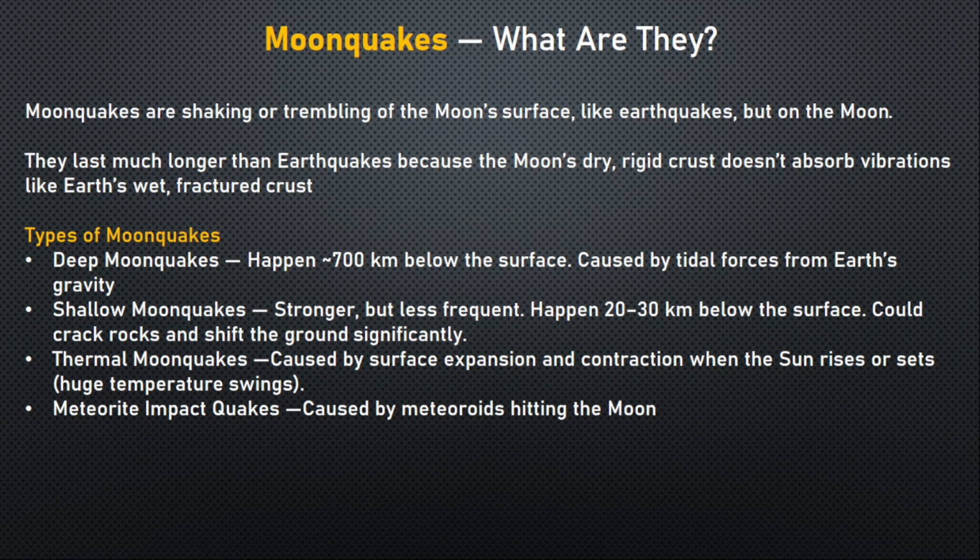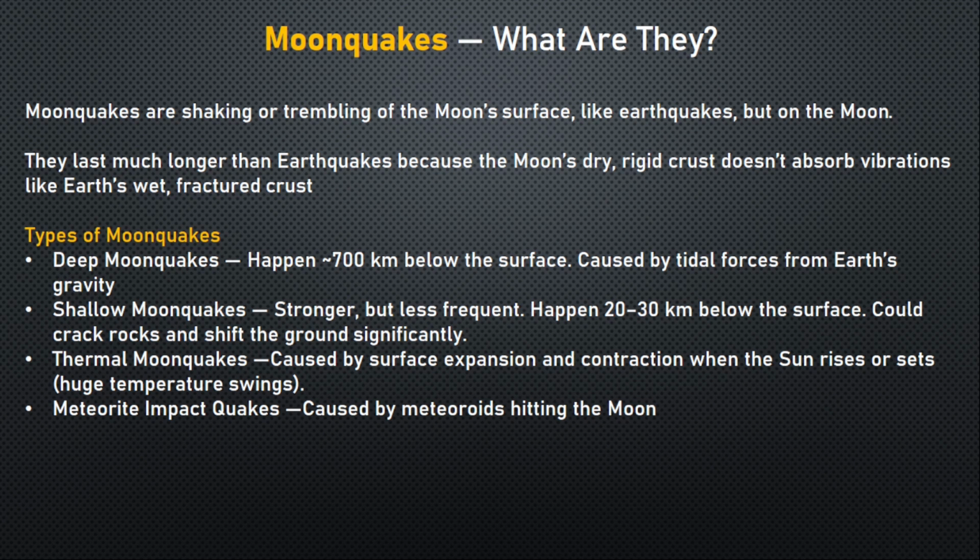But they last much longer than earthquakes, simply because the moon has no water. Water has this property of absorbing shocks. I mean vibrations. The moon has no water, so there's no way it can absorb it. So the moonquakes last much longer.